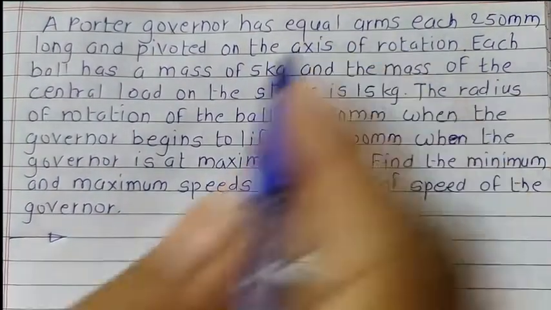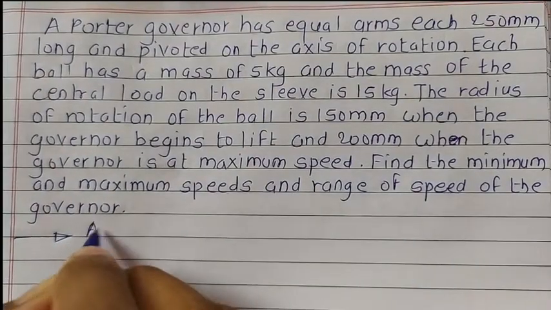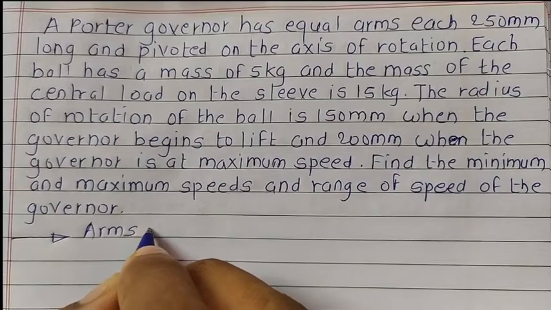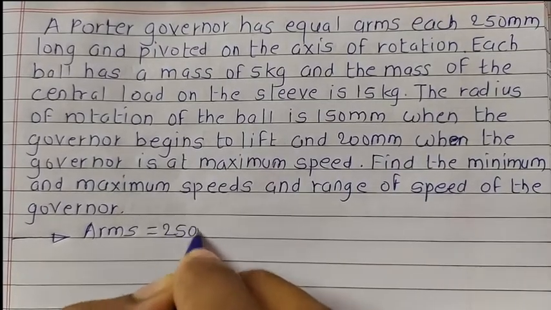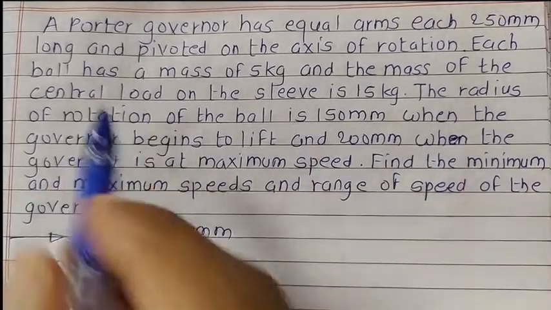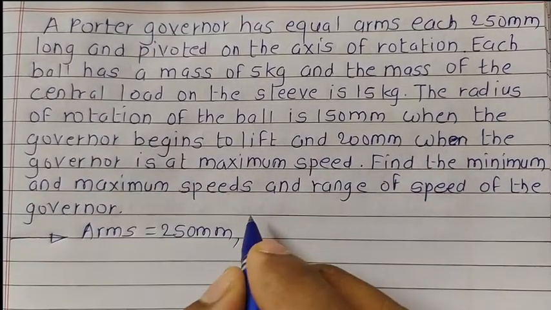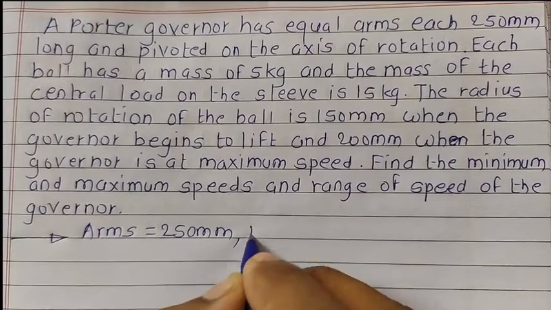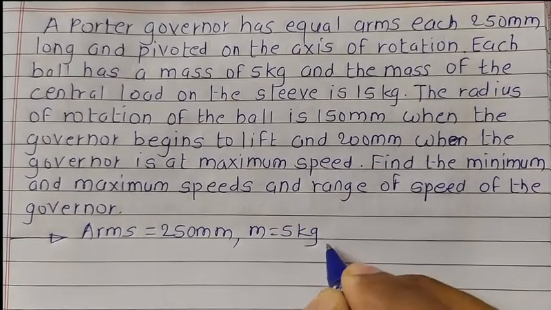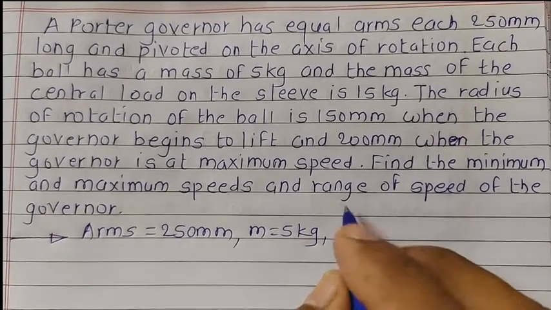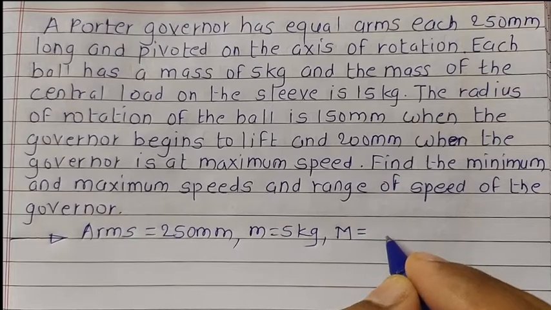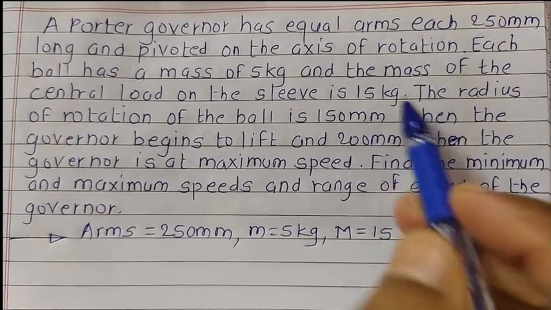Length of arms: 250 mm is given. Then the mass of the ball is given, that is small m equals 5 kilogram. Then the central load, that is capital M equals 15 kilogram.